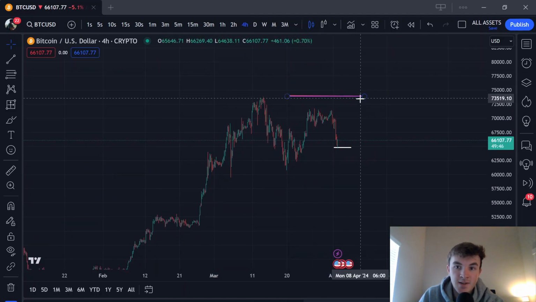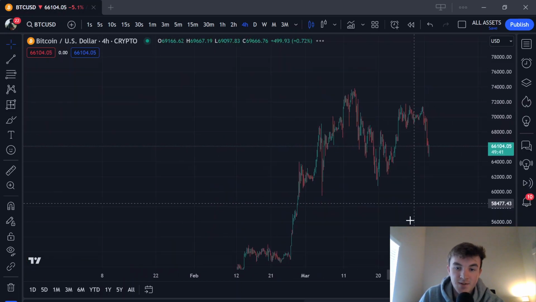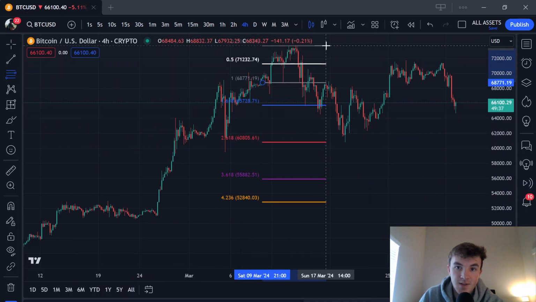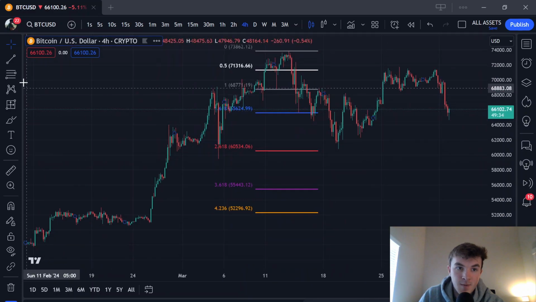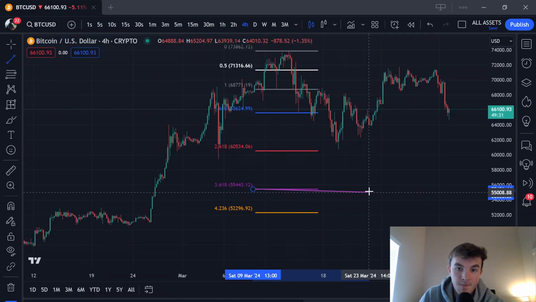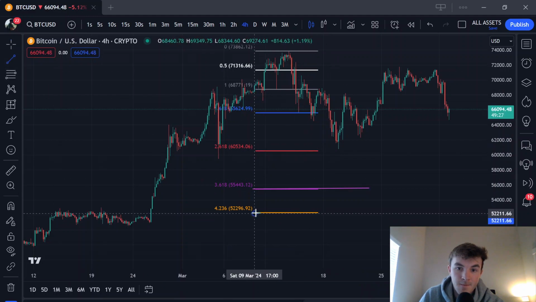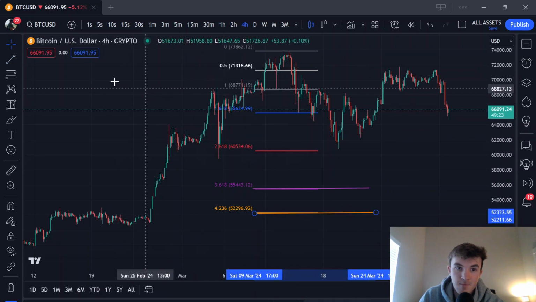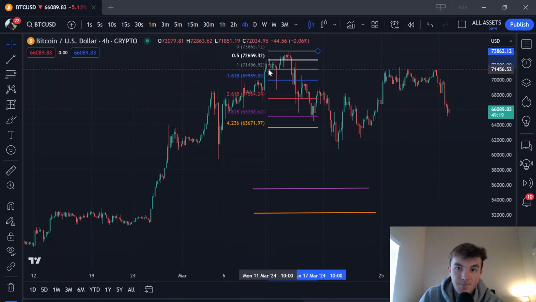So lastly, let's measure the final moves up so I can kind of show you where everything lines up. All right, let's mark this purple one, this gold one. Look, this red one marked that bottom. See how this purple one marked that bottom?